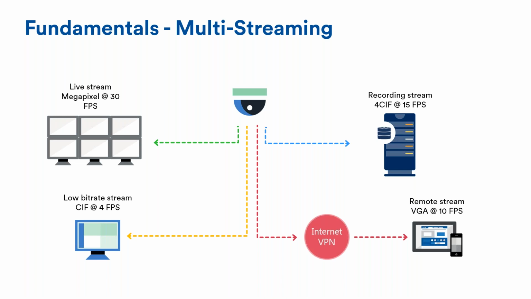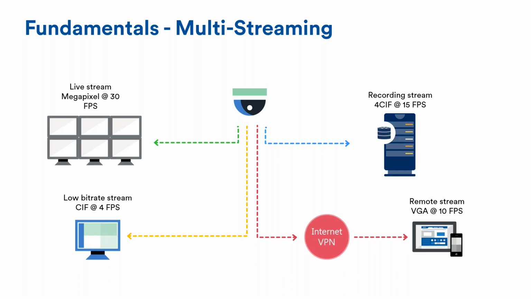And Genetec supports multi-streaming in that if a customer wants to have one resolution and frame rate being recorded, but a completely different resolution and frame rate for live video, and another one for going to mobile phones, we support that ability as long as the camera does.